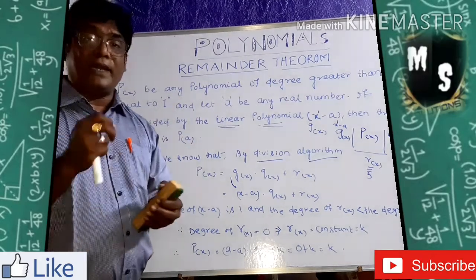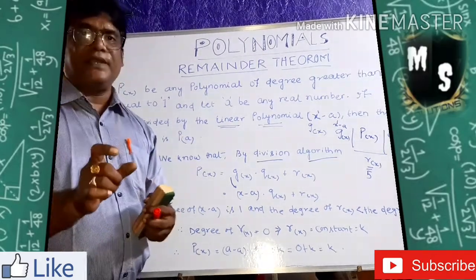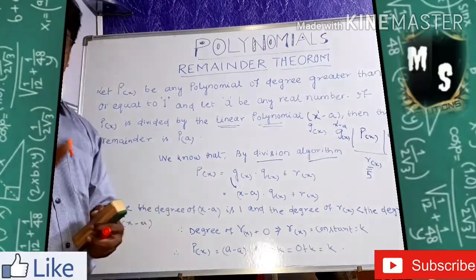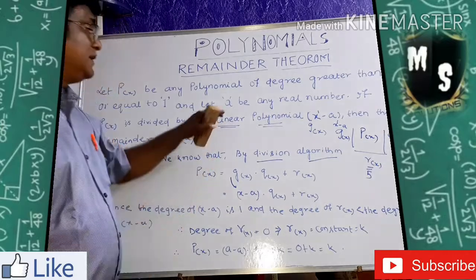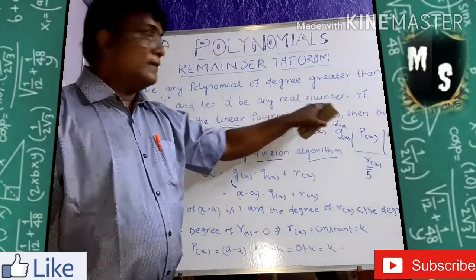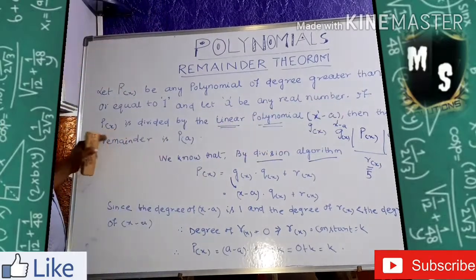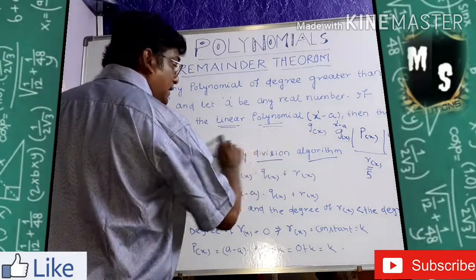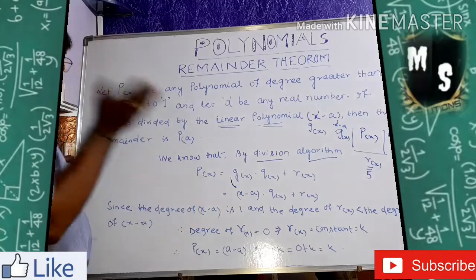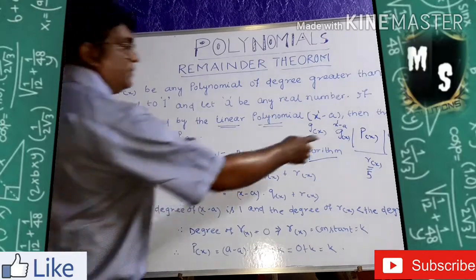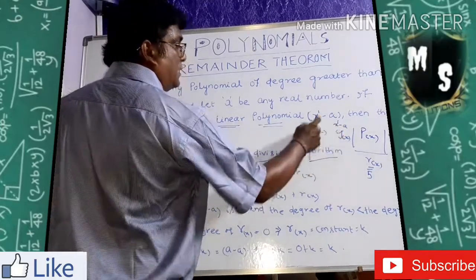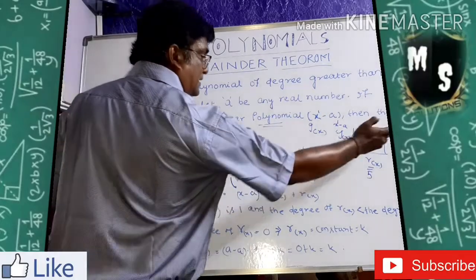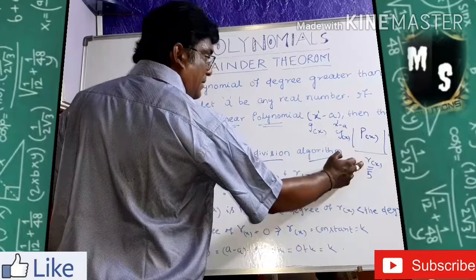So p(x) must be a linear polynomial, otherwise a quadratic polynomial, otherwise a cubic polynomial. Now let's think about a real number, that is a. If this p(x) is going to divide with another linear polynomial, try to understand this line, linear polynomial. So what is your g(x) or your divisor? Your divisor is a linear polynomial to the power 1. Clear? When it is divided with this, it is giving you the quotient as well as the remainder.